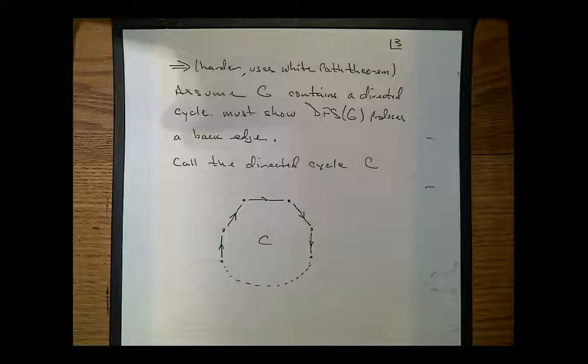Okay. That's all I know. And we're going to run DFS on this. And the argument I give can really make no assumption about the ordering of the vertices, the labeling of the vertices, or even the order in which we run any of those loops.